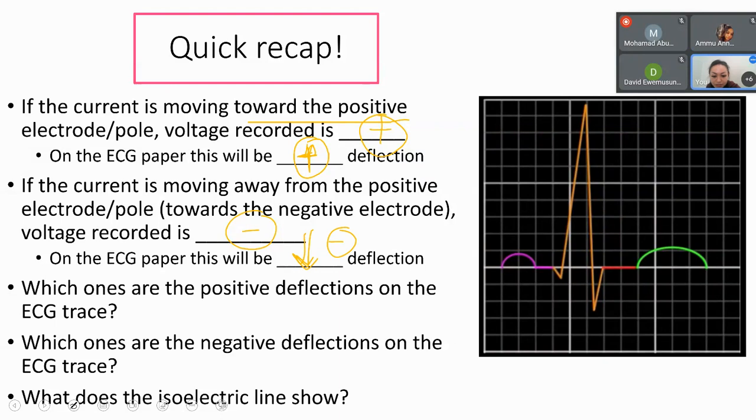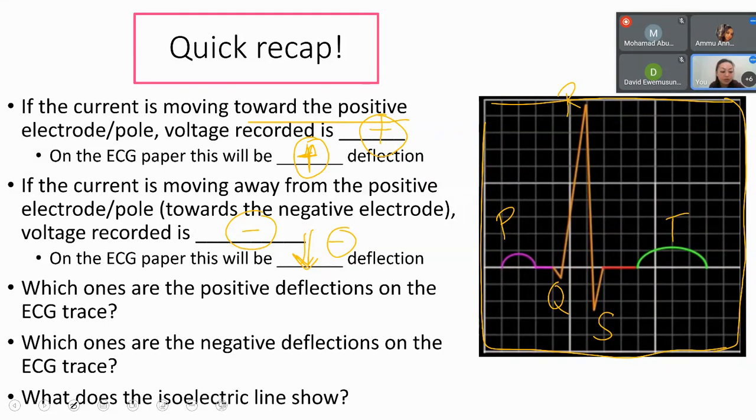On the ECG trace right here, which ones are the positive deflections? So this is P, this is Q, this is R, S, and T. Q, R, and S are separate.